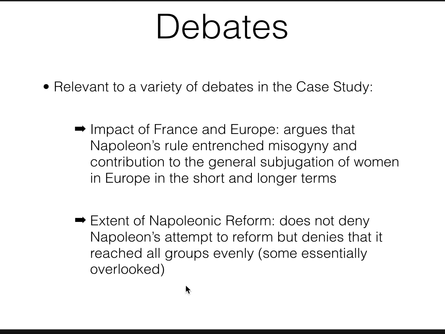So the claim that Napoleon somehow modernized France and Europe is to some degree perhaps true, because there were things that he brought to the picture that certainly challenged the older regimes. But in her view, it's also true to say that there were clear limitations and a clear unevenness to the way that this actually worked.